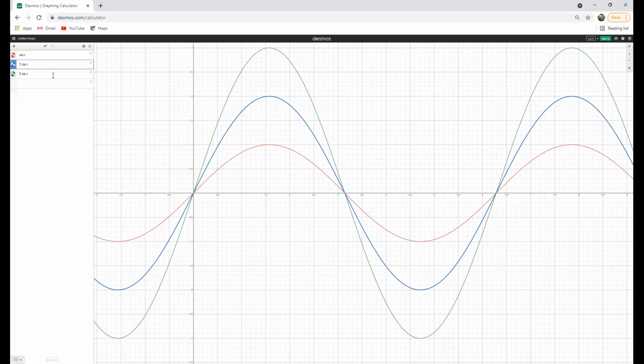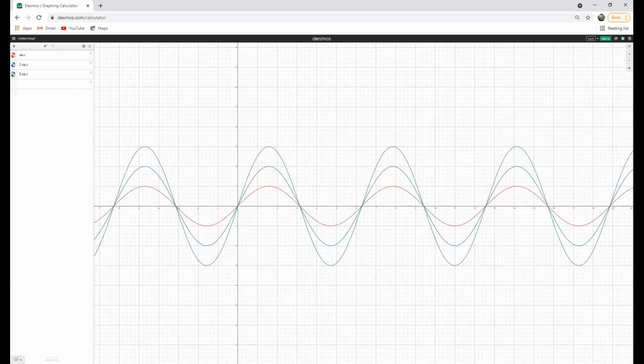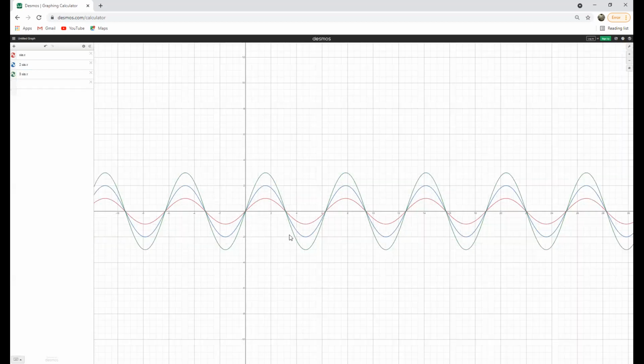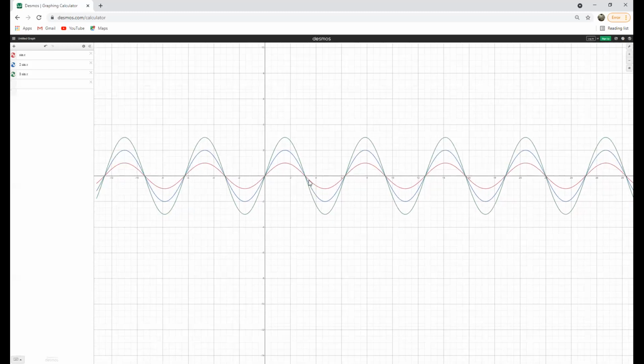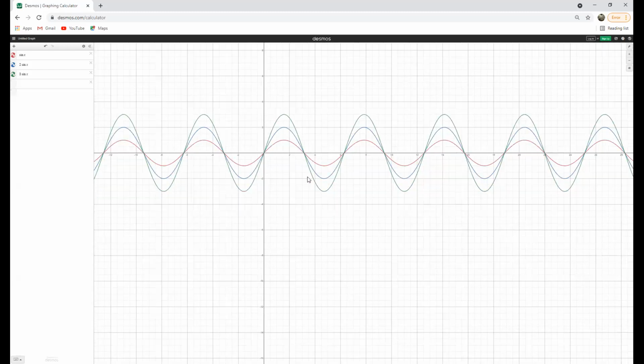The range of the green function, which is 3 times sine, is between -3 and 3. Guys, note that there is no change in the period or in the domain of the functions. We are just changing the y values by multiplying by different numbers.